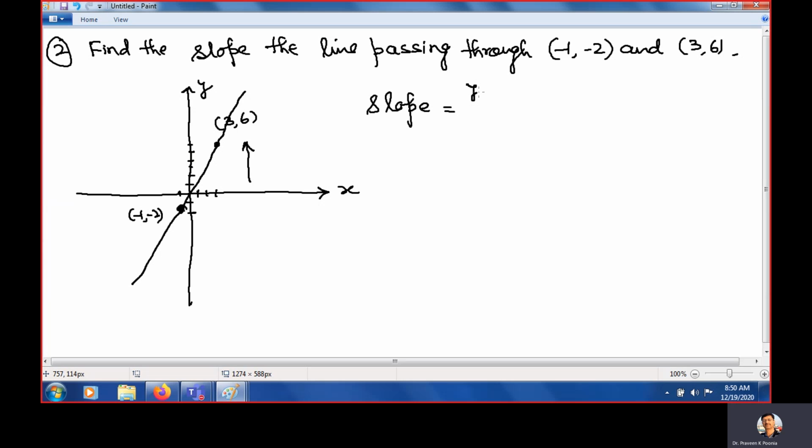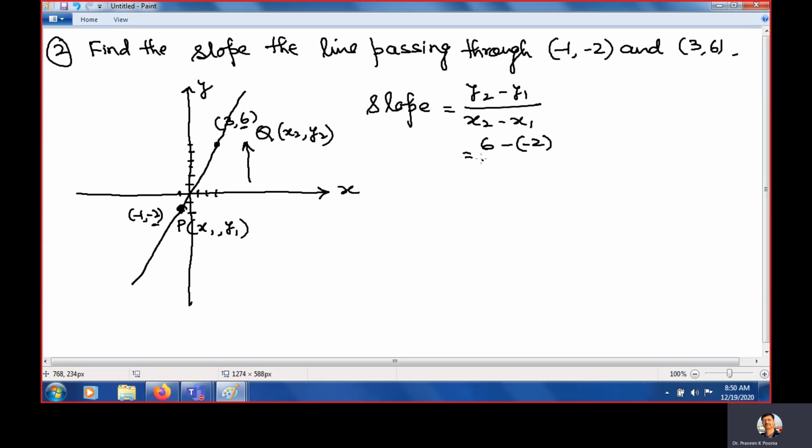Slope will be y2 minus y1 upon x2 minus x1. Let us make this point P, so x1, y1, and this point Q, x2, y2. Okay. So what is the value of y2? Y2 is 6 minus, what is the value of y1? It is minus 2.